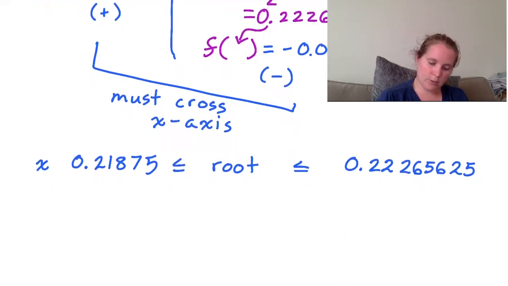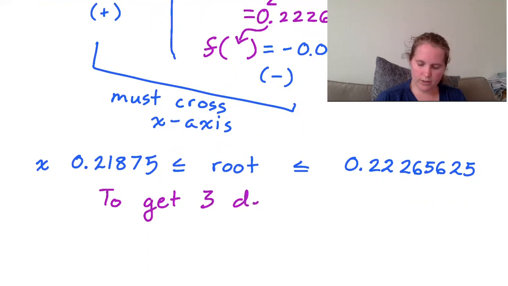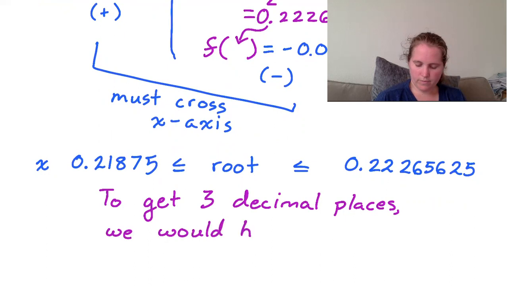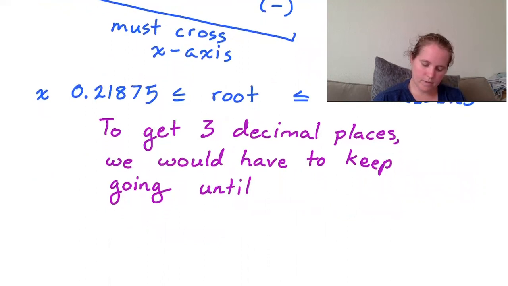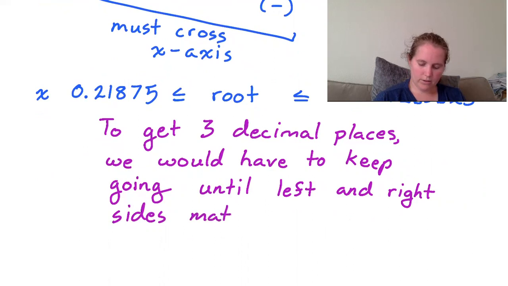And to get 3 decimal places, we would have to keep going until the left and right sides match for the first 3 decimal places.